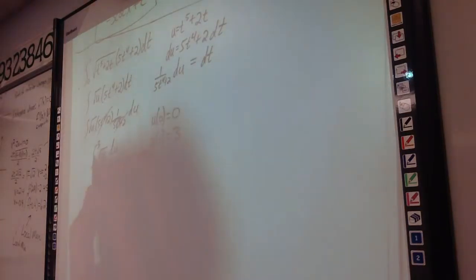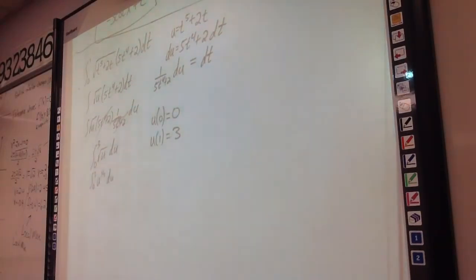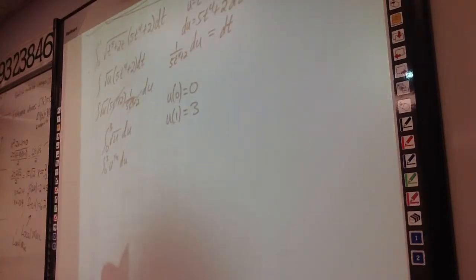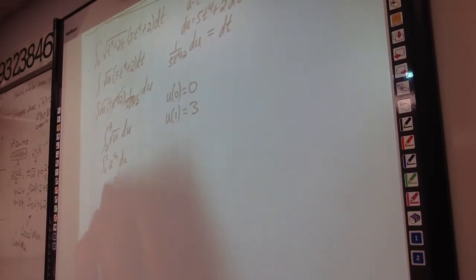So now, change that to u to the 1/2. Now we just do the integral with u. The antiderivative of u to the 1/2 is 2/3 u to the 3/2, and then just do that from 0 to 3.